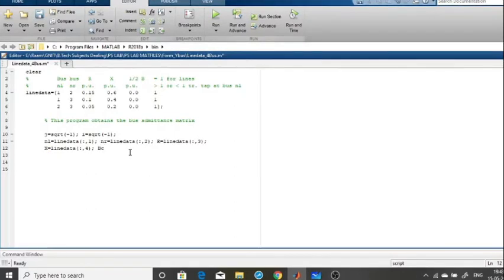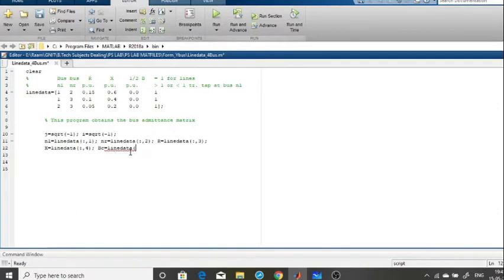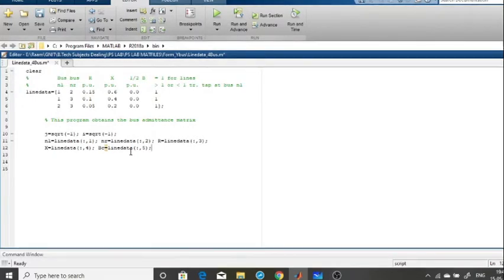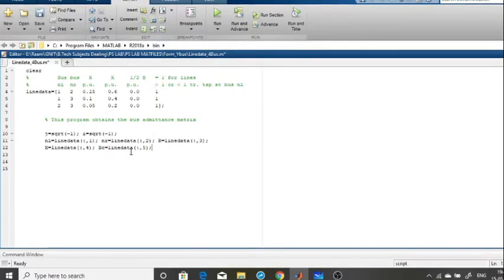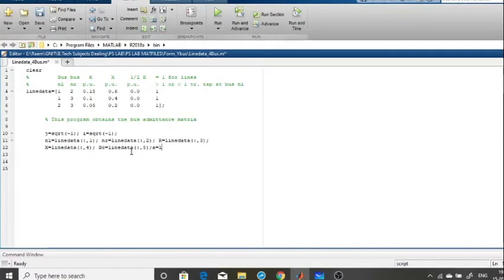Write it as BC, susceptance, is equal to linedata colon comma, give a semicolon. This indicates the susceptance. In this case, there is no susceptance available, but if there is any susceptance available for any power system network, this will work out. Okay. Next, the transformation ratio will be represented with small a is equal to linedata colon comma 5.